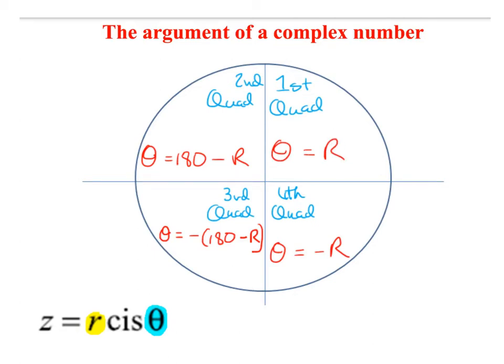If it lies in the second quadrant, then theta is 180 degrees minus the reference angle. If it lies in the third quadrant, to get theta we subtract our reference angle from 180 degrees and then stick a minus on. And if it lies in the fourth quadrant, to get theta we get our reference angle and we just stick a minus on in front.